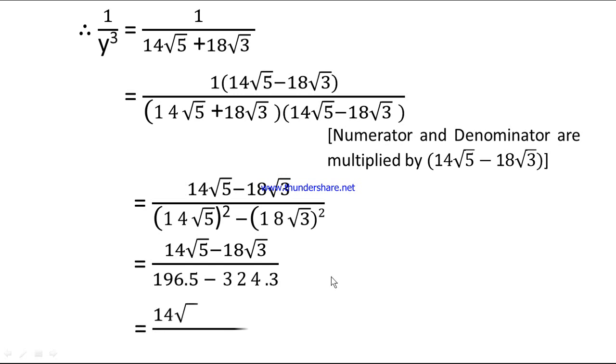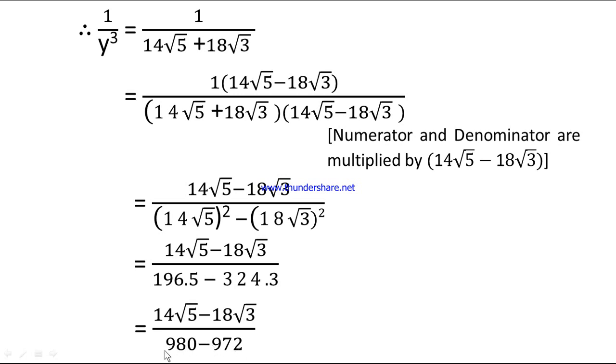So in the next line, 14 root 5 minus 18 root 3 by, here 196 into 5 the product will be 980, minus 324 into 3, the product will be 972.